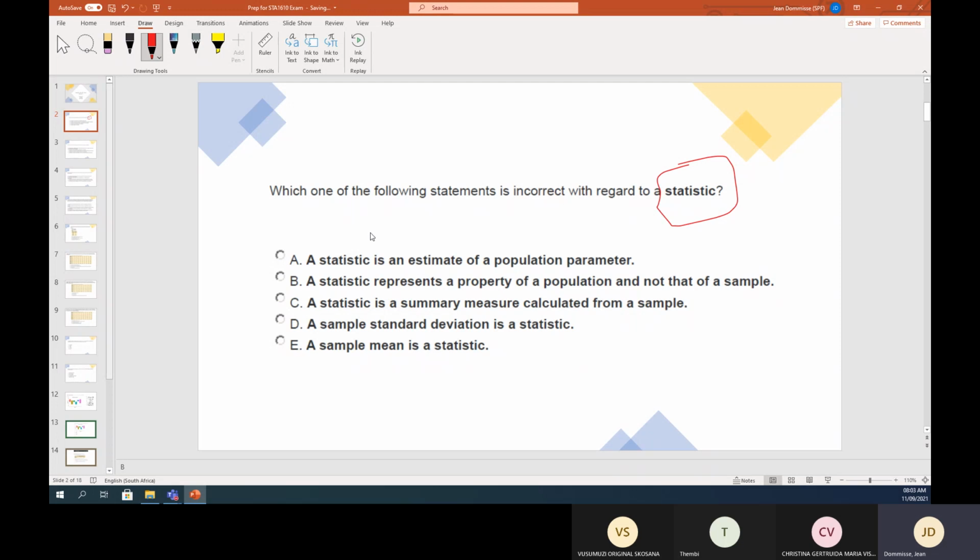So for me, when I look at something like this, I always remember that a statistic is to do with a sample, and the parameter is to do with a population.